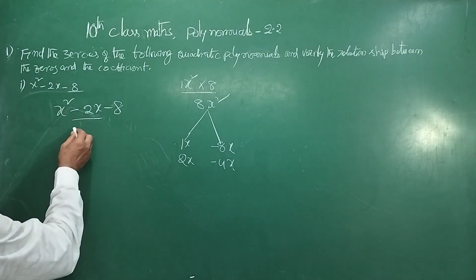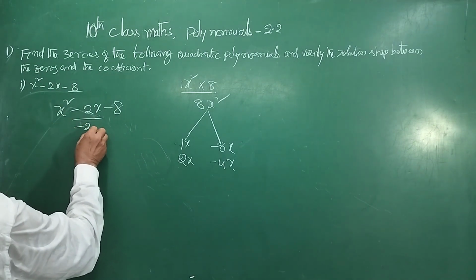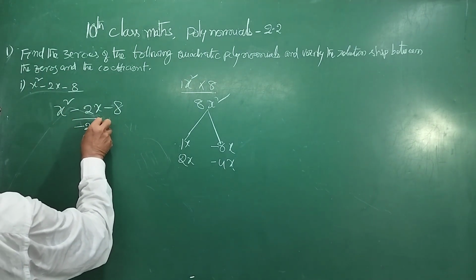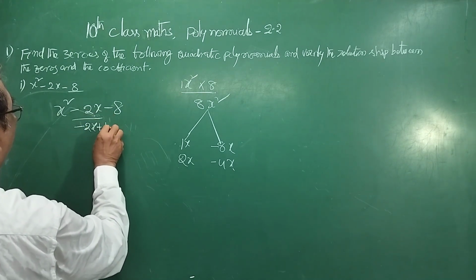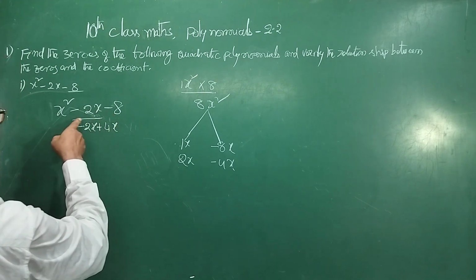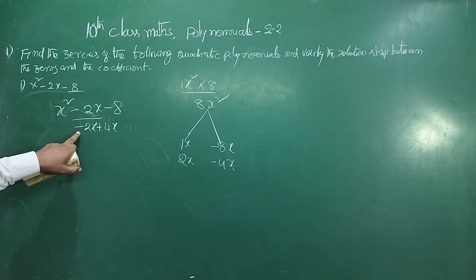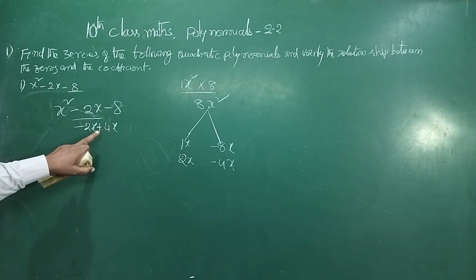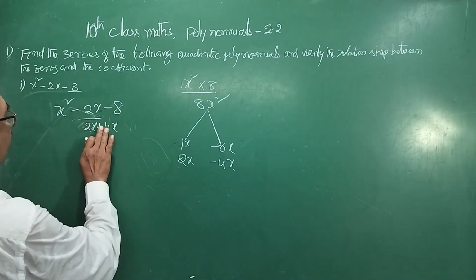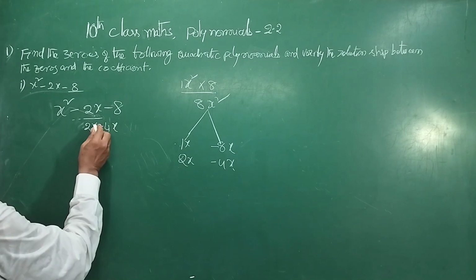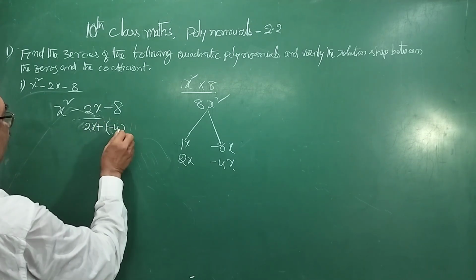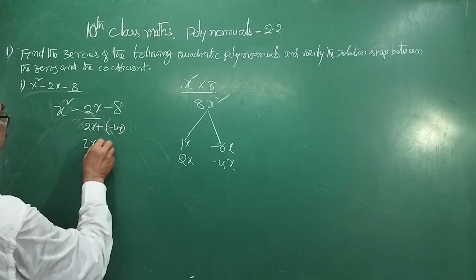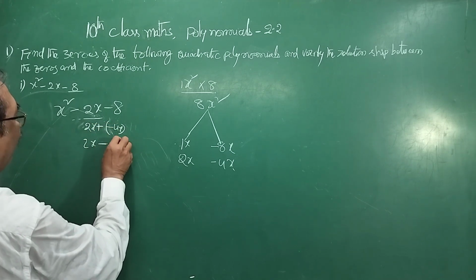Yes, let us see. Minus 2x can be split as plus 2x minus 4x. We can split like this. That means plus 2x and minus 4x.